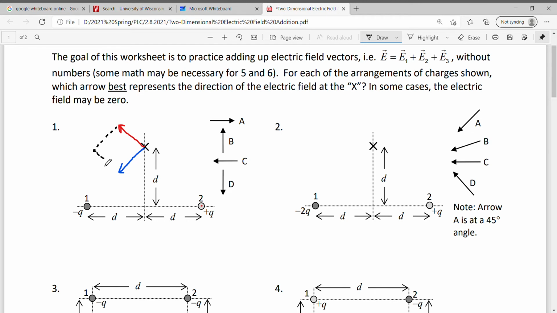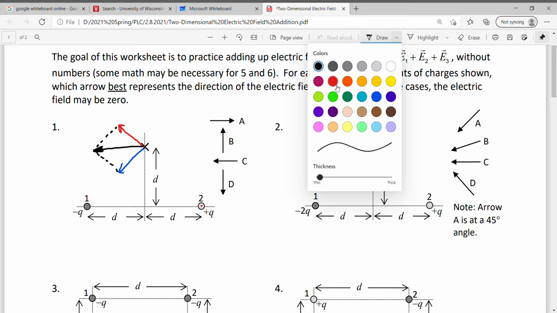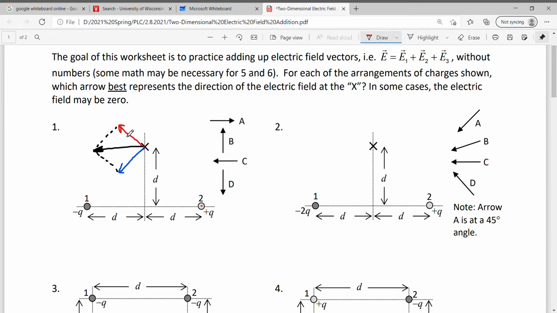So the sum of these two vectors is this black one, the black arrow in the middle. You can imagine that you move this red arrow horizontally to this position. So basically, we can move this red arrow to here.